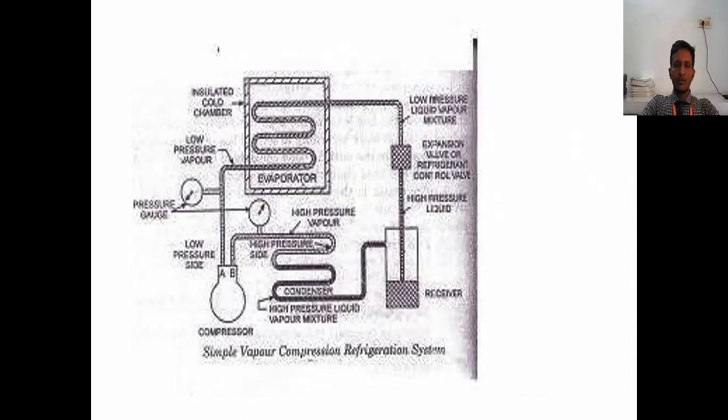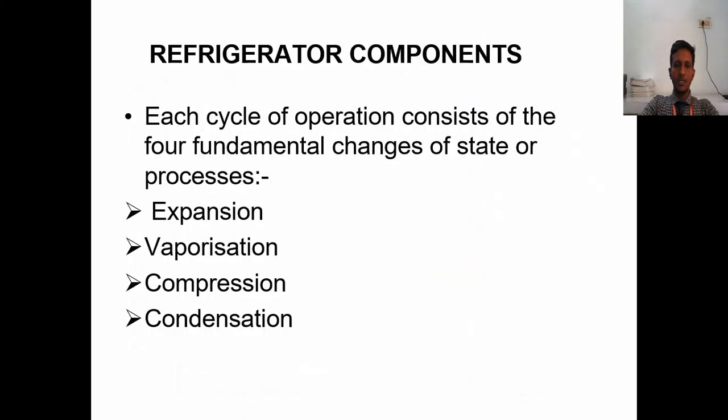In expansion, the pressure and the temperature of the working medium, the refrigerant, are reduced. The four main components in the refrigeration system are the expansion device, the evaporator, the compressor and the condenser.